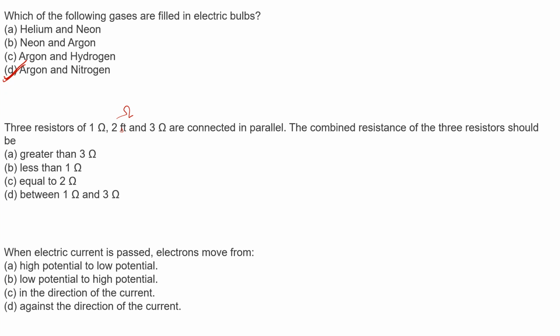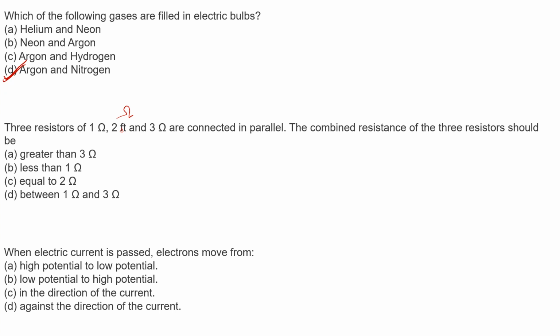Right. You should always remember that when you connect resistances in a parallel configuration, the net resistance is always less than the smallest resistance in the configuration. So option A is absolutely not correct.